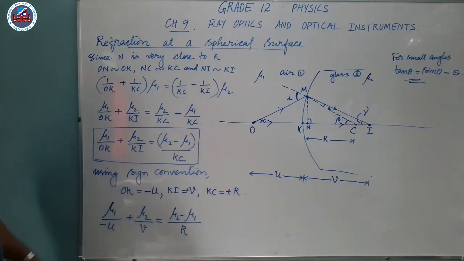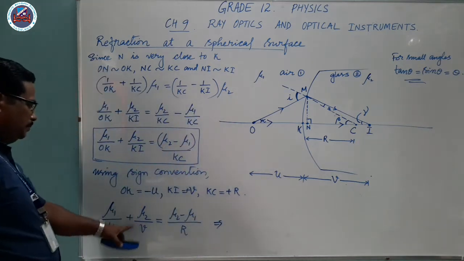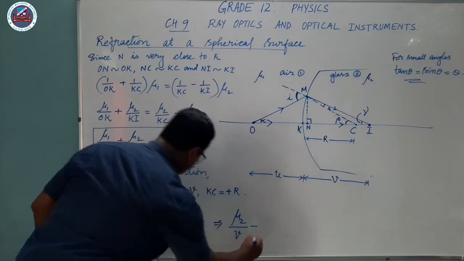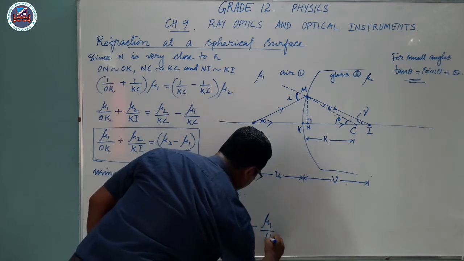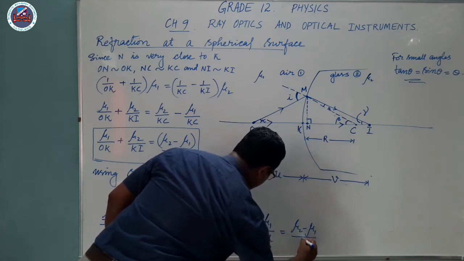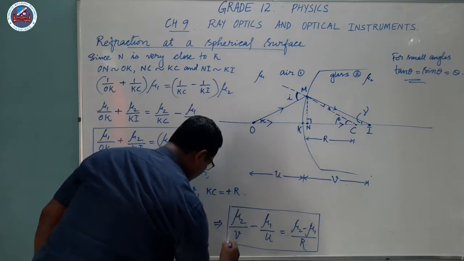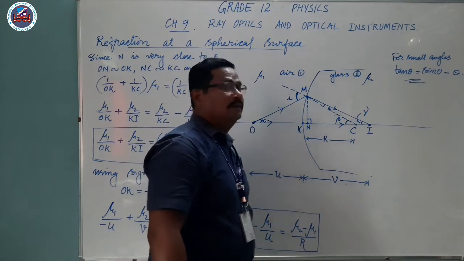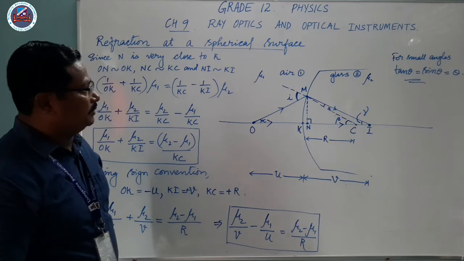More properly, this is positive, so we write first mu2 divided by v minus mu1 by u is equal to mu2 minus mu1 divided by r. So this is the final expression for a convex refracting surface. This equation holds good for any curved surfaces.